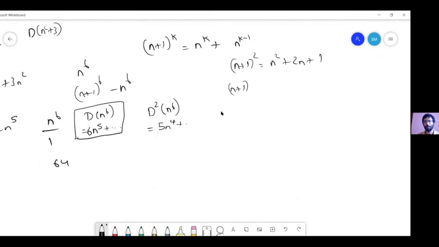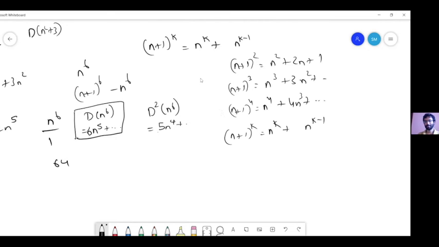N plus 1 the whole cube is n cube plus 3n square plus something. N plus 1 the whole power 4 is n power 4 plus 4n cube plus and so on. So n plus 1 the whole power k would be n power k plus, exactly what you told is correct, Sunil, but can you simplify it and tell what the value is? What would come here? It is k.